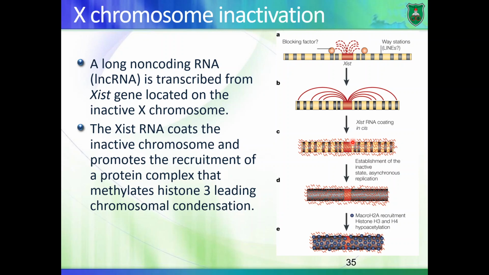So does that mean that they express double the amount of proteins from these genes when compared with males? No, because what happens is that during development, one of the X chromosomes is inactivated. So that's in females. So females would have only one active X chromosome, and males would also have one active X chromosome.